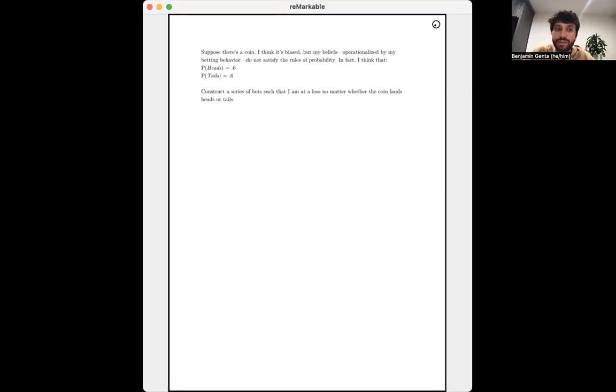In fact, I think that the probability of heads is 0.6 and the probability of tails is 0.6. The question asks: construct a series of bets such that I'm at a loss no matter whether the coin lands heads or tails. I strongly urge you to pause the video now and try this exercise with the definition I've given you.